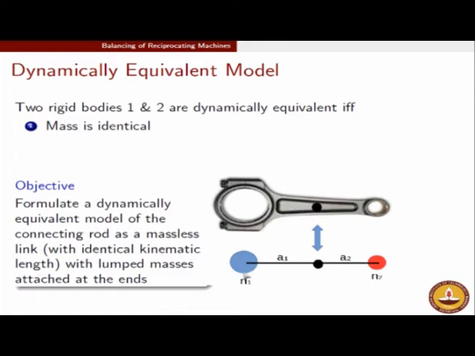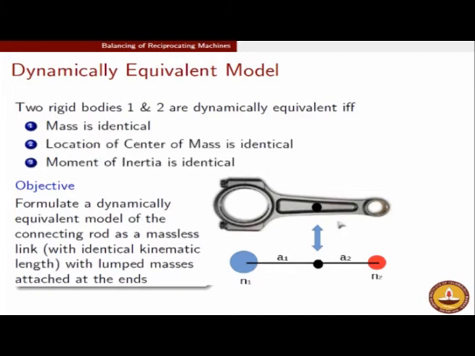We want the masses to be concentrated only at the ends of the connecting rod, and the rod itself we want to make massless. There is an advantage why we want to do so, that will be cleared in a moment's time. But at this stage, please bear with me in understanding that this is the objective we have in mind, that the actual connecting rod needs to be replaced by a massless rod with lumped masses at both ends.